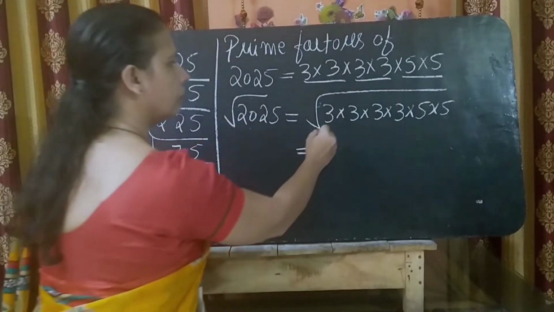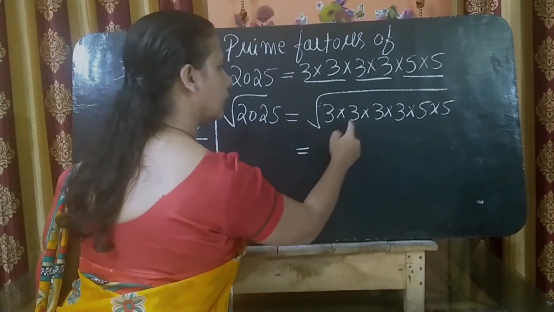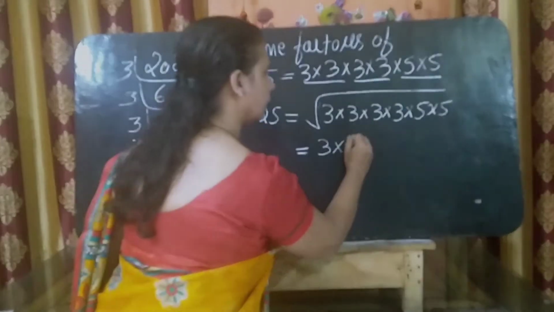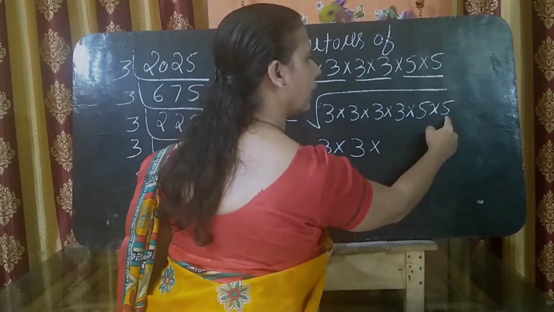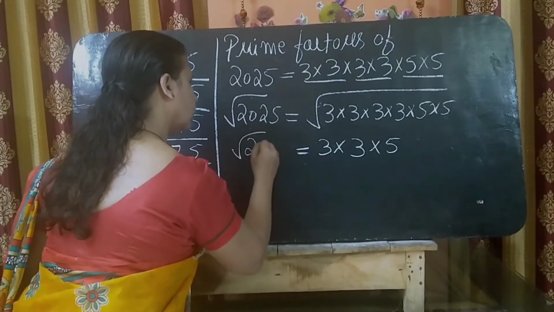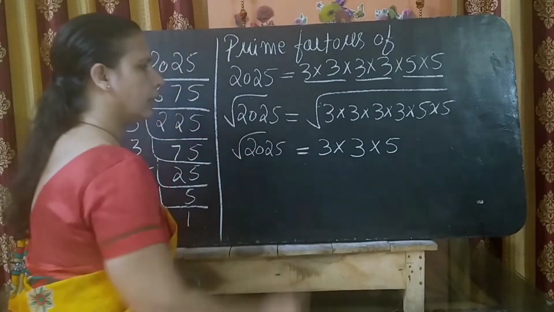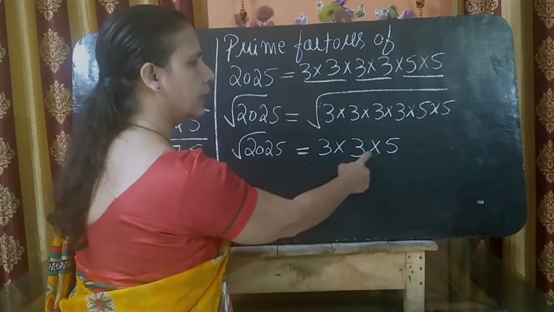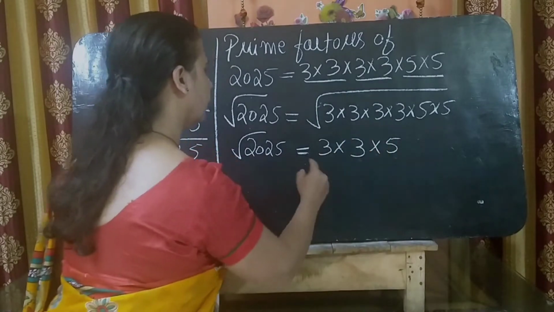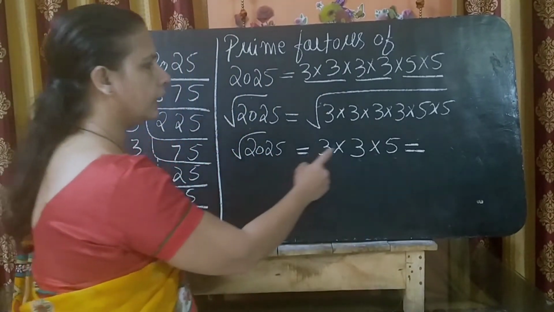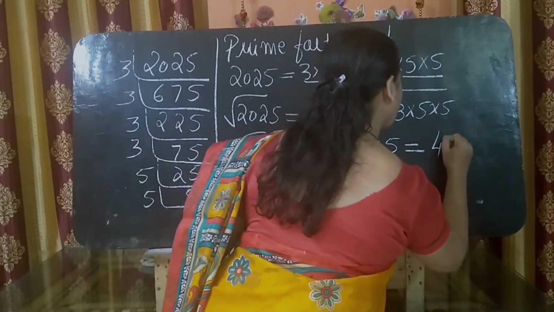From these 2 3s, take 1 3. From these 2 3s, take 1 3. These 2 5s, take 1 5. Then square root of 2025 equals 3 into 3 into 5. 3 3s are 9, 9 5s are 45. Then square root of 2025 equals 45.